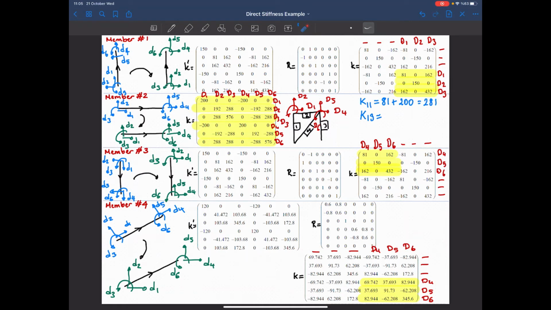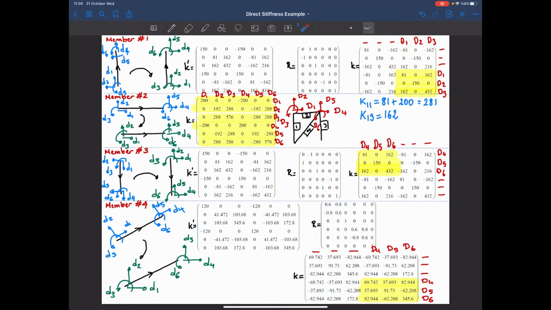Let's take a look at the first member. I want a unit translation in D4, and I want to keep D6 equal to 0. How much force do I need? That is 162. By just looking at these coefficients, this tells me that this 162 will go to K13.